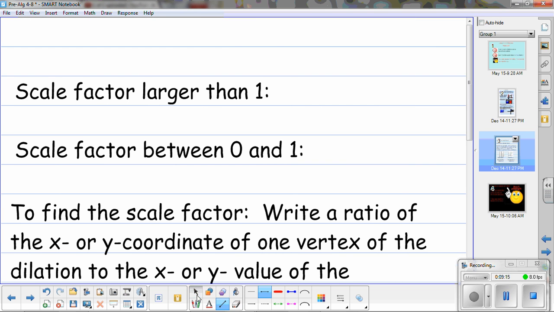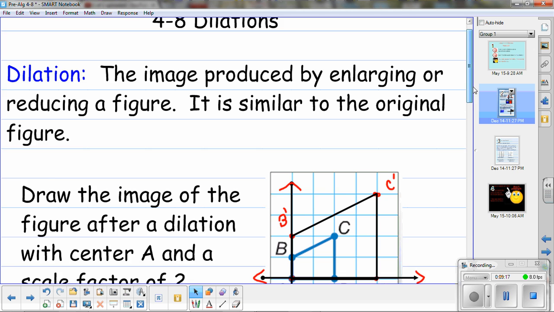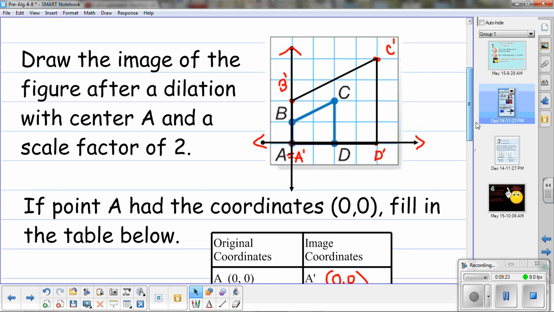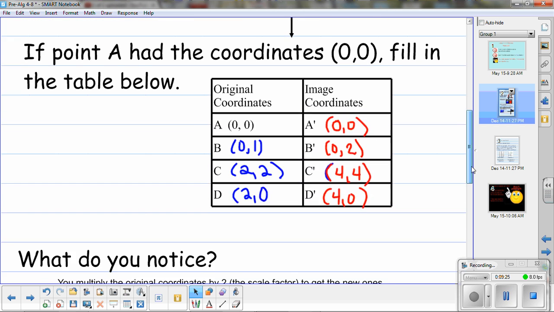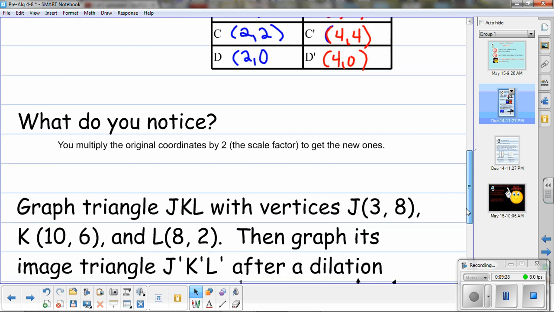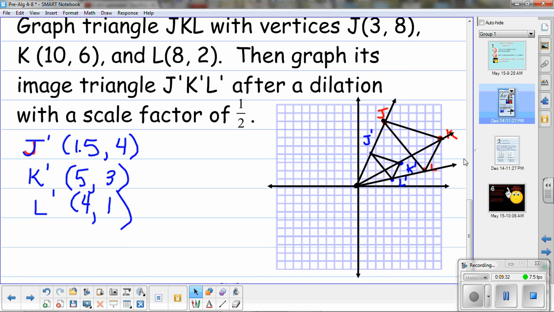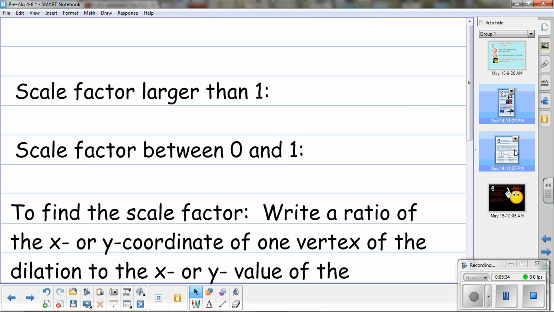All right, if we look back at those two dilations we did, a dilation with a scale factor of 2 made the new image twice the size, the lengths of the sides twice as long. And when we had a scale factor of 1/2, our new image was smaller than what we started with.